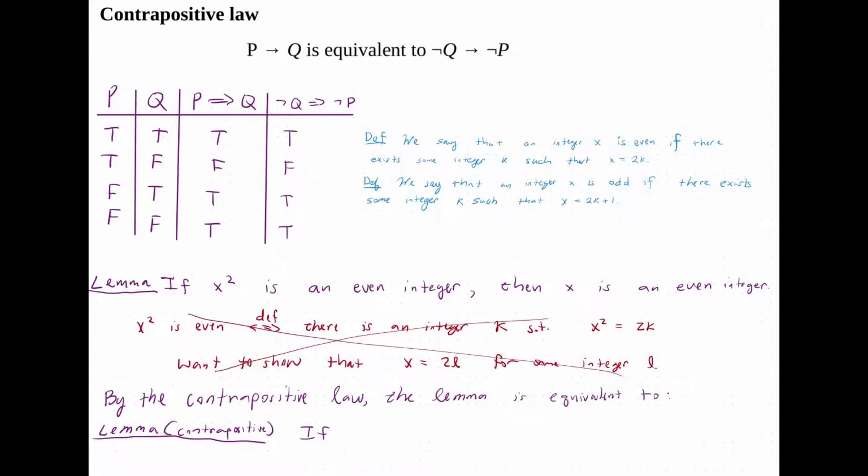It can't be both. And so if it is not even, it must be odd. So we're going to take that assumption implicitly. And so if x is an odd integer, so this is our not Q, then not P. And so P is x squared is an even integer, so not P becomes x squared is an odd integer.